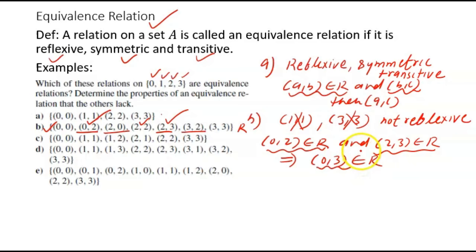So (0,3) is not in R. That is why this is not transitive.